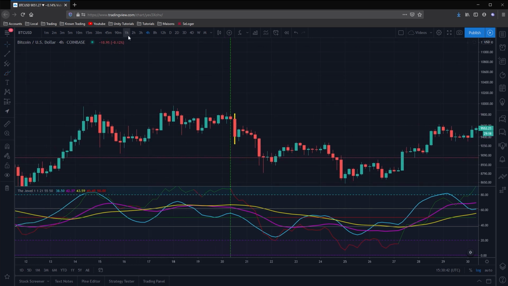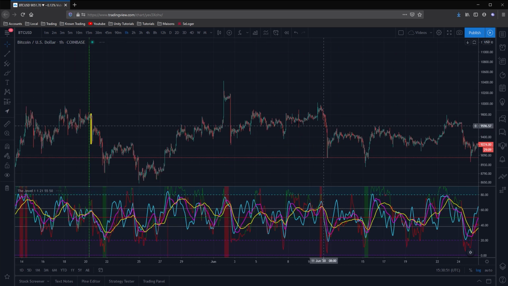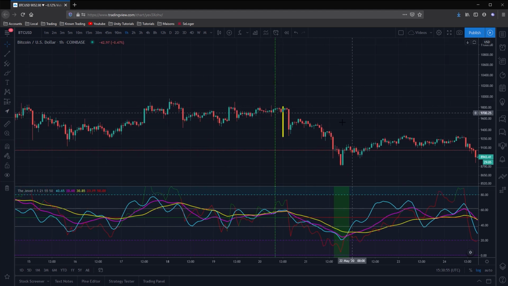So you can go down. If you see the 4-hour signal forming here, then you can go down again to the 1-hour and wait for the sell signal on the 1-hour, which in that specific case you don't really get. So sometimes going too deep is not good, but most of the time it's going to work that way.